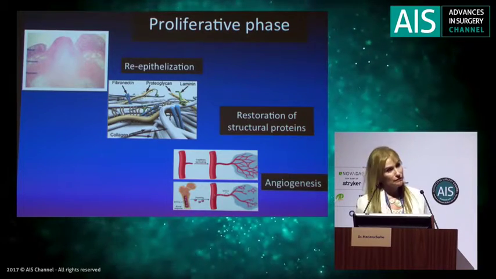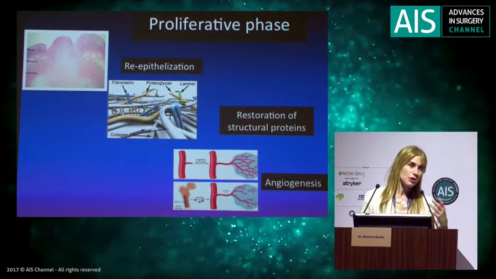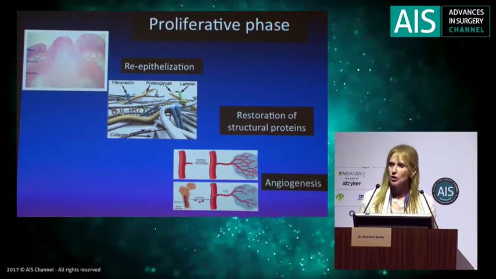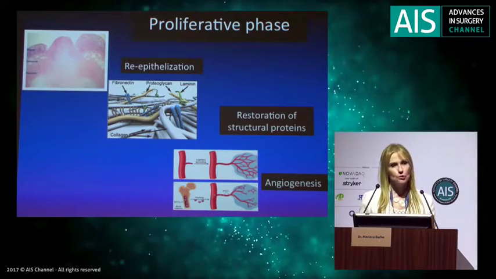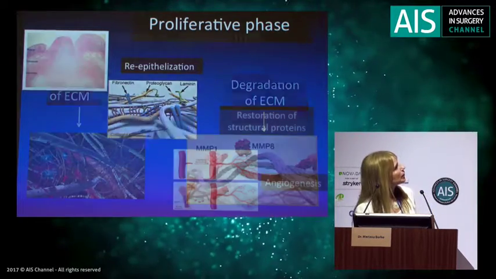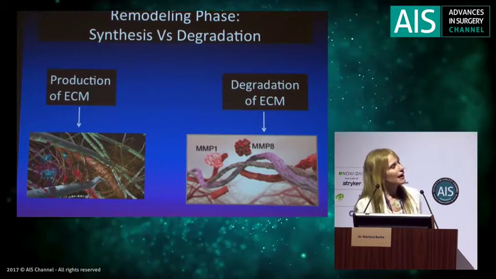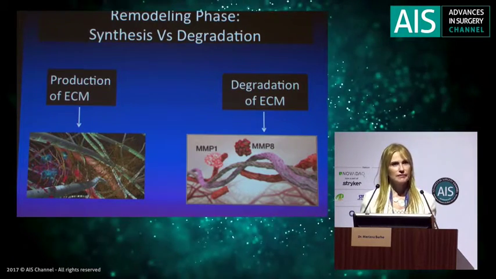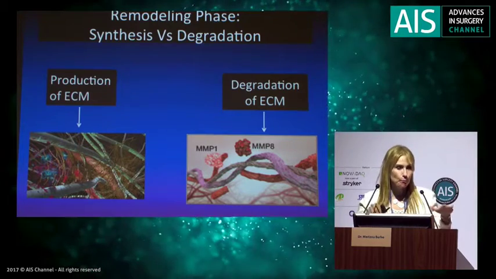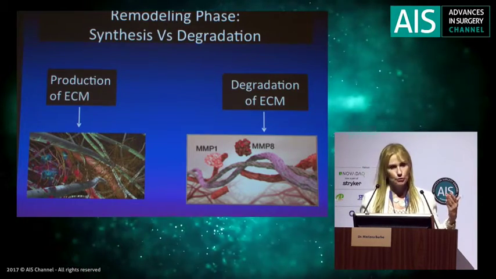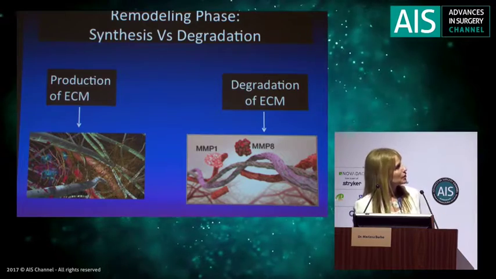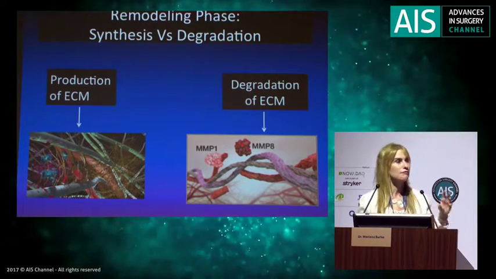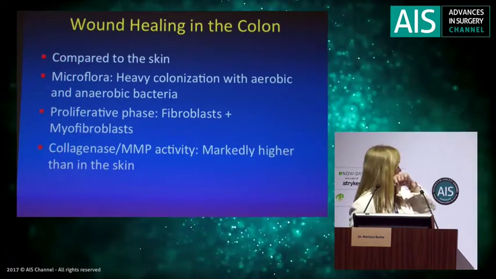So that proliferative phase, first in the colon, we need to have the epithelium coming back, and we have to produce collagen and other proteins that form the extracellular matrix. The remodeling phase is a very tricky process because you need a perfect balance between production of collagen and other matrix proteins and the degradation of these, so you don't have stenosis or adhesions.